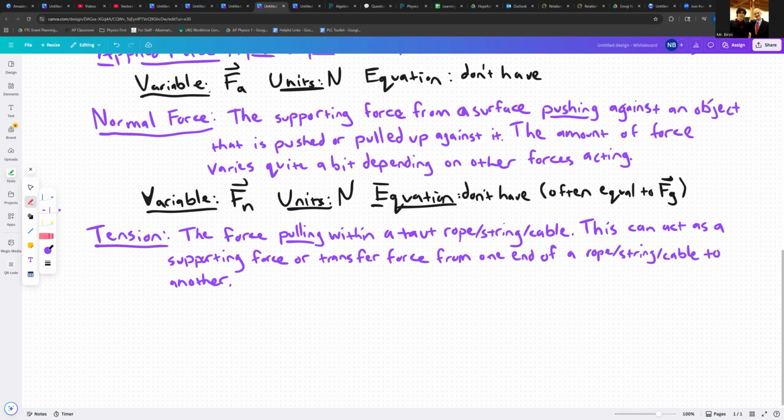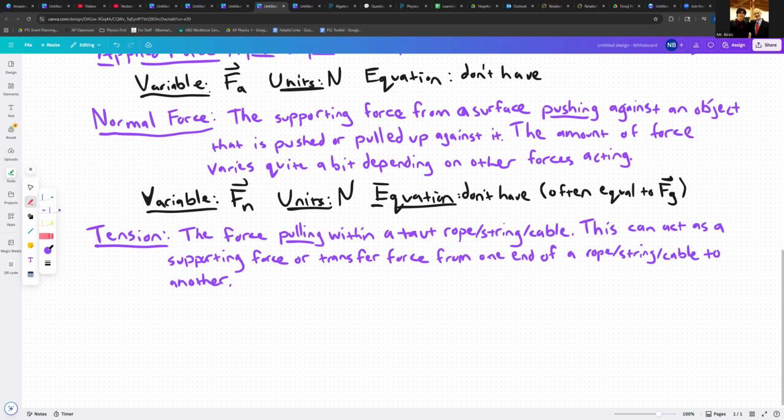If you're hanging something like a picture with a string, you've got that supporting force opposing gravity. But if you connect two things, like a box and another box, with a string and then pull them both horizontally across the floor, we're going to look at systems of objects with tension later on, and that would be more of the transfer of force. Think of tug of war as another example.